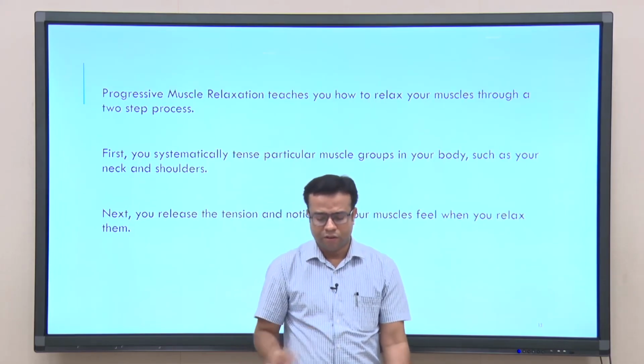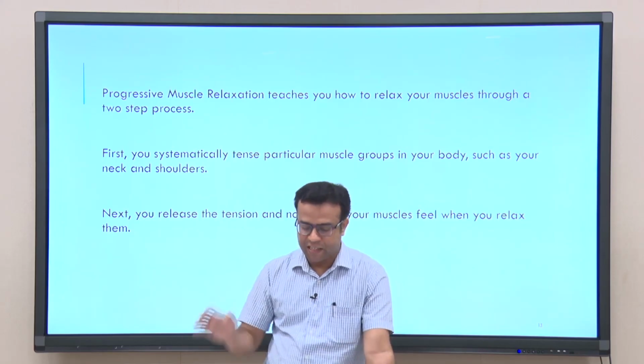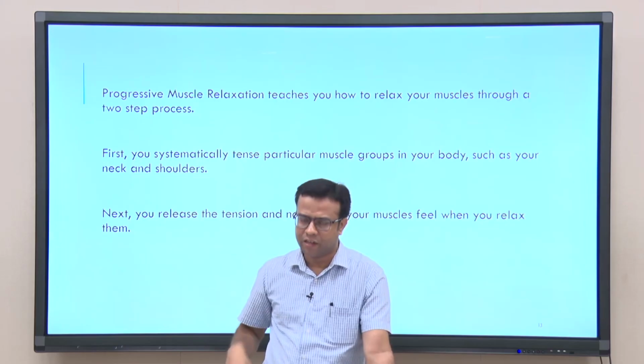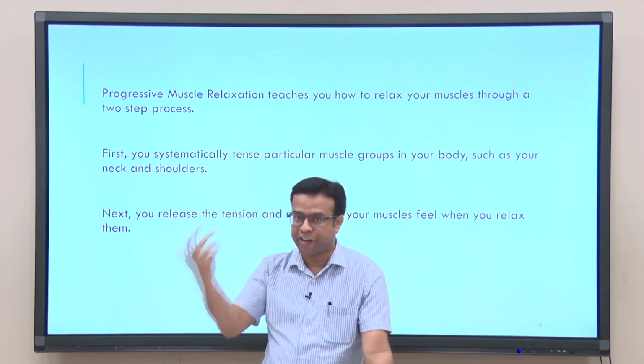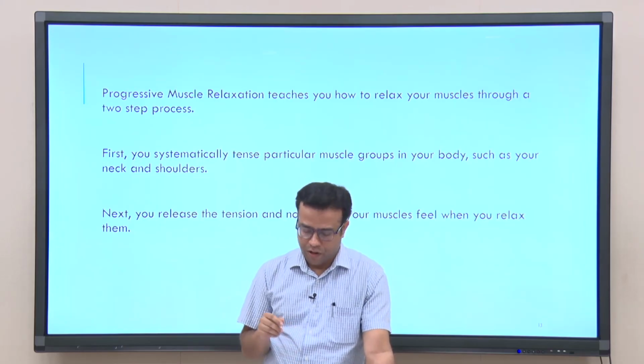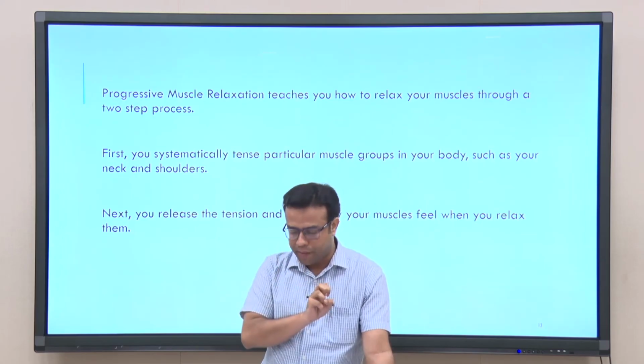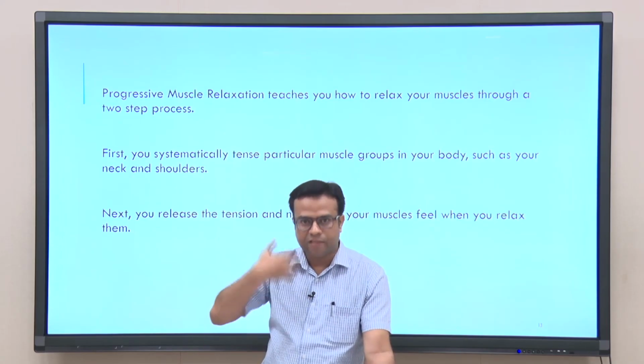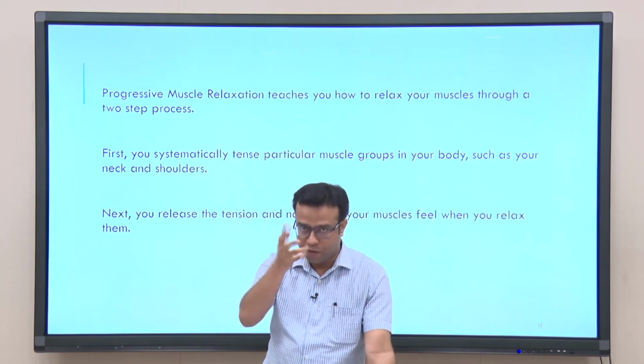One is, first you systematically tense particular muscle groups of the body. We have different muscle groups in our body. We will discuss some examples of those muscle groups, and we can identify each muscle group and tense them more in one step.